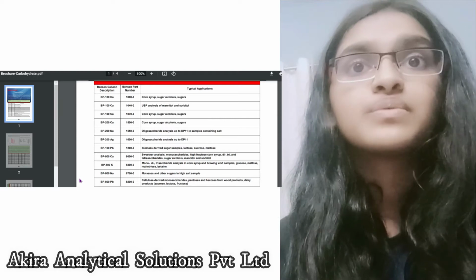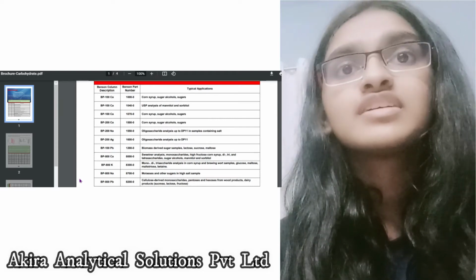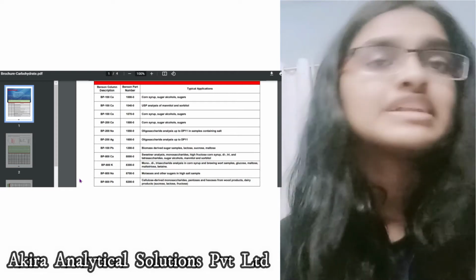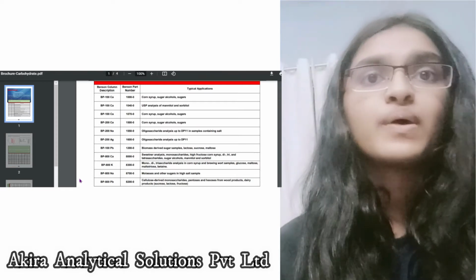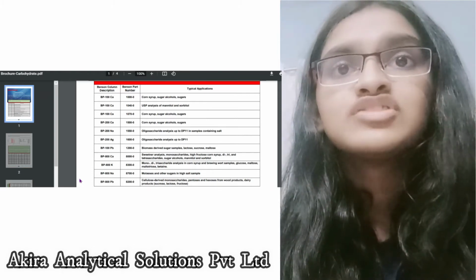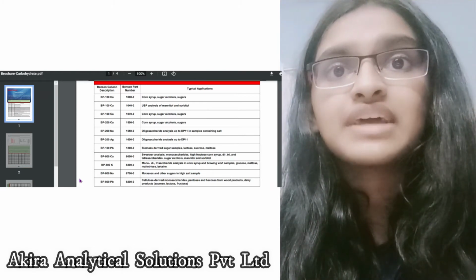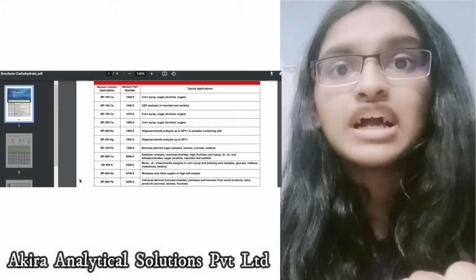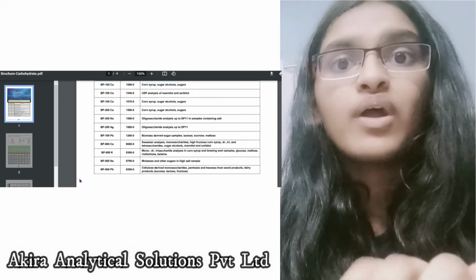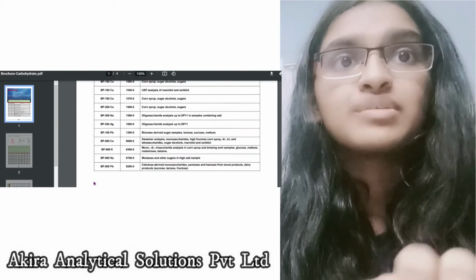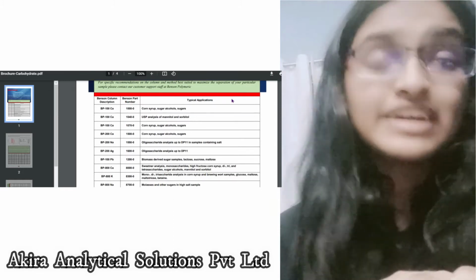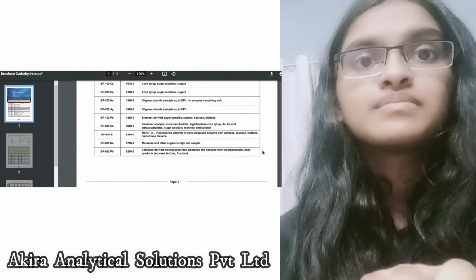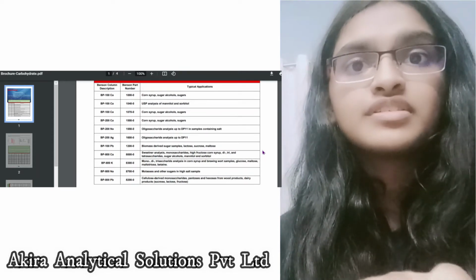The BP 100 Ca, calcium, is typically used in corn syrup, sugar alcohols and sugars, and just like that we can see the other uses also in sodium, silver, lead and potassium, along with the listing of their part numbers and typically used applications for your reference. And then we move on.